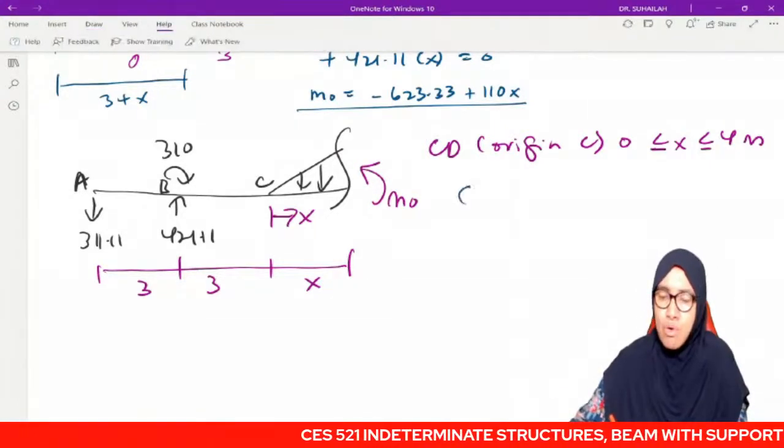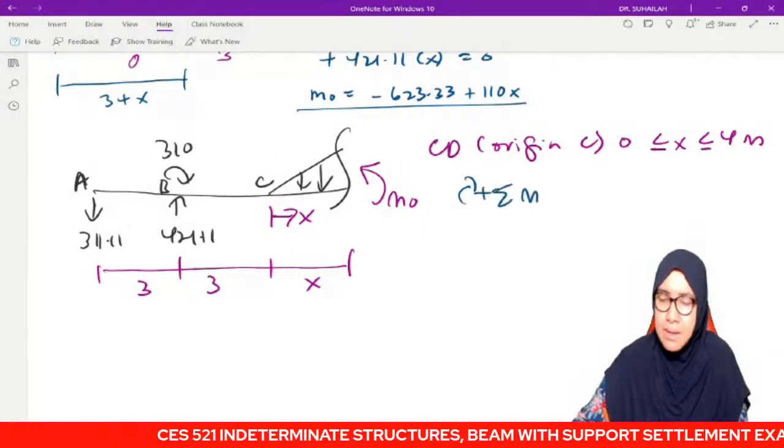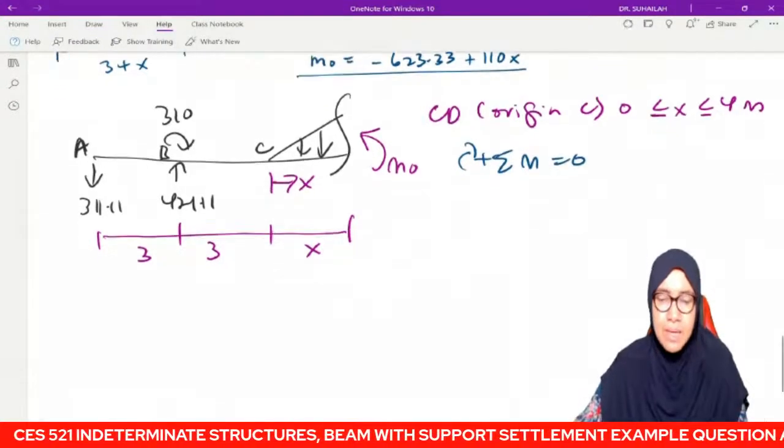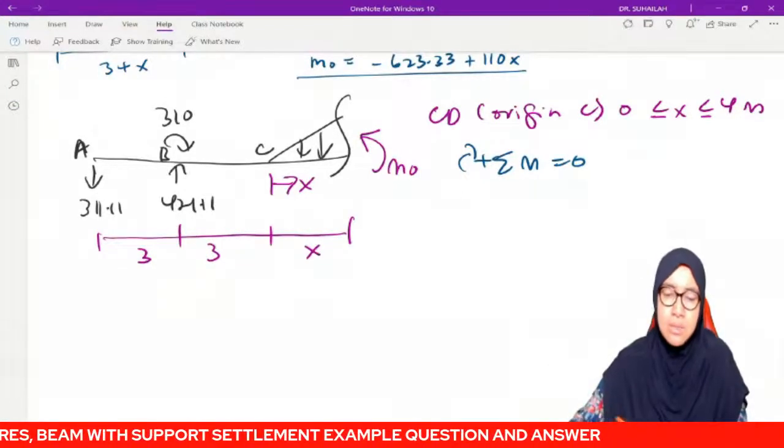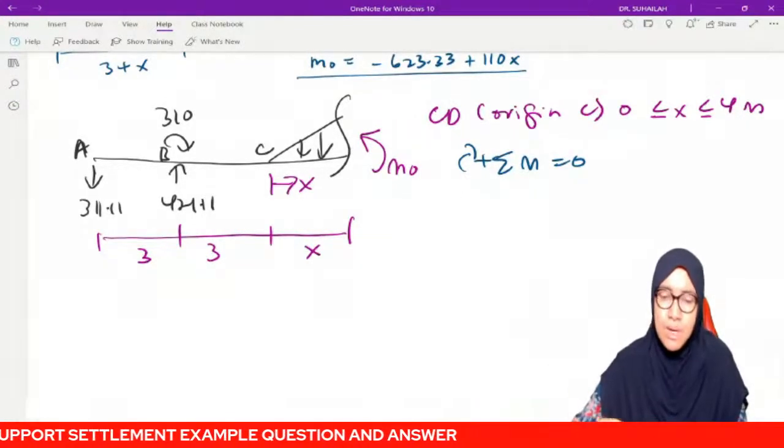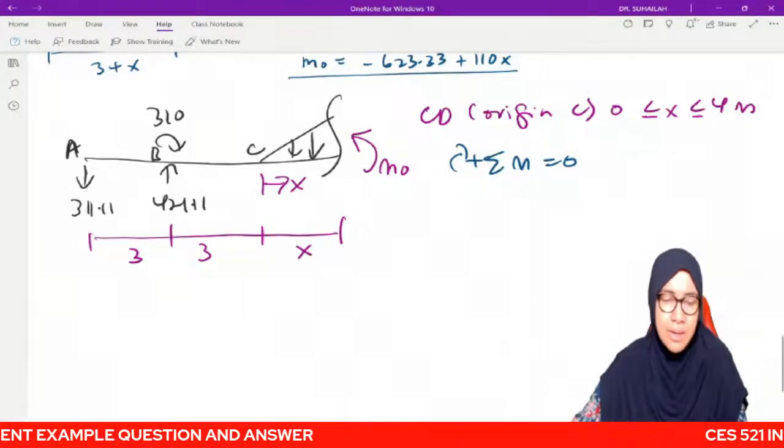By taking moment at the cutting point, what we have is, write the equation.